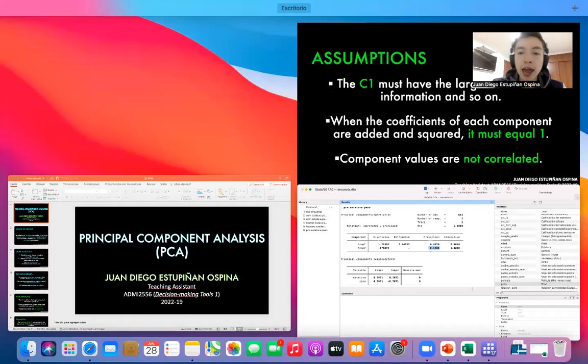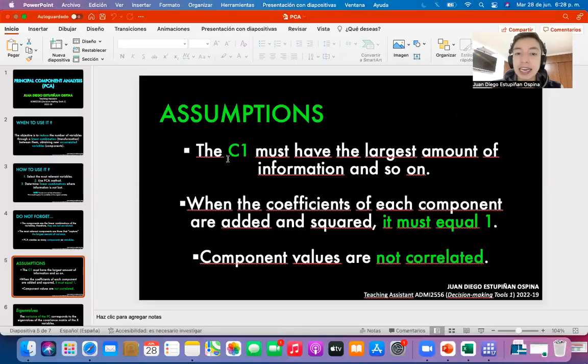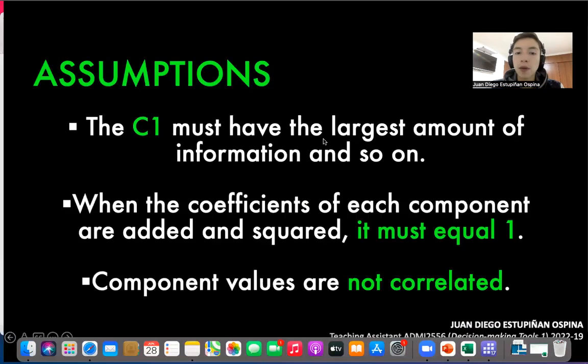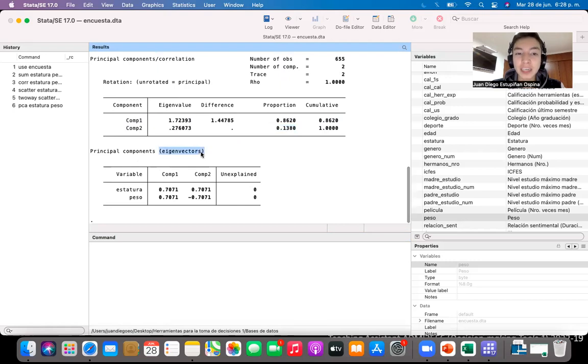Also, when the coefficients of each component are squared and added, the sum must be equal to 1. Remember that when we talk about the coefficients, we're talking about the eigenvectors.